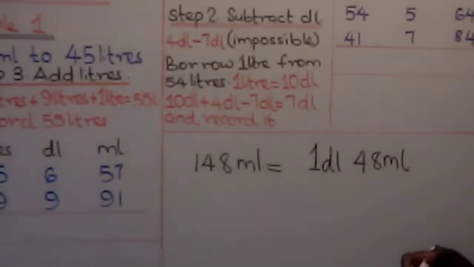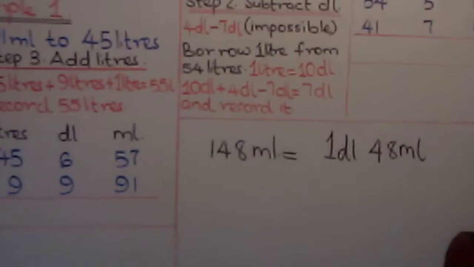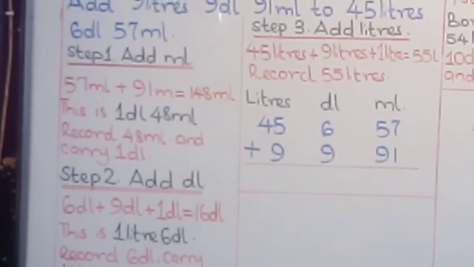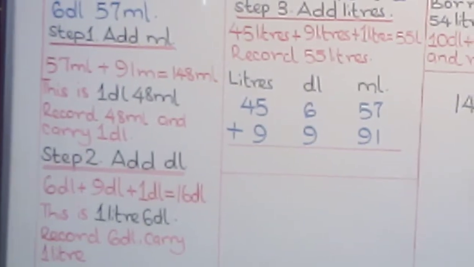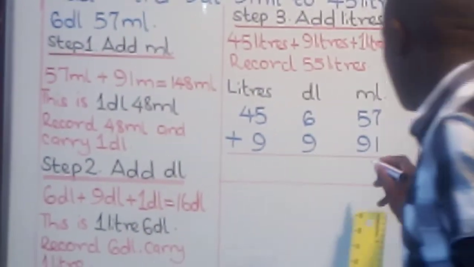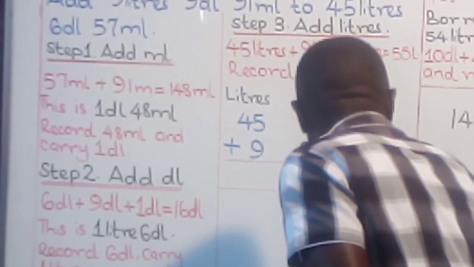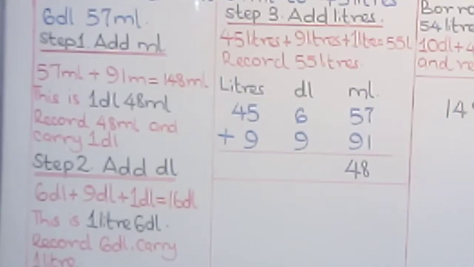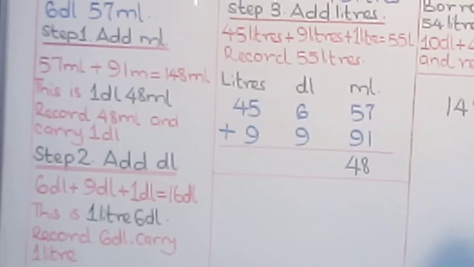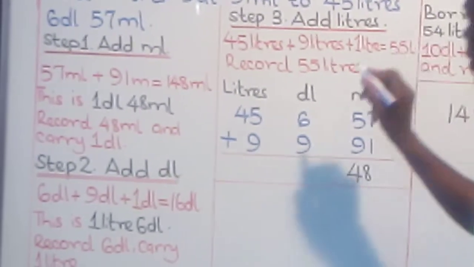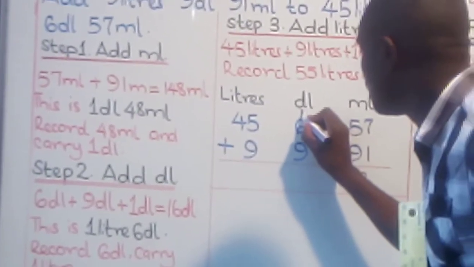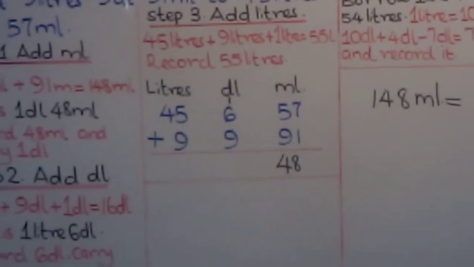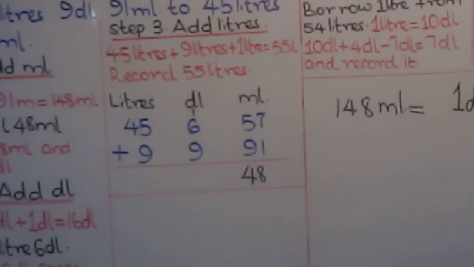And so what are we going to do? We are going to record 48 milliliters and carry 1. Then 1 to the deciliter, because we are carrying 1 deciliter. Step number 1 is done.